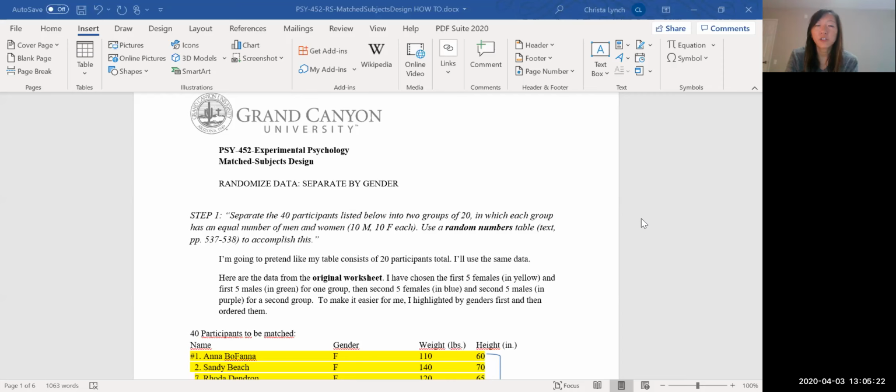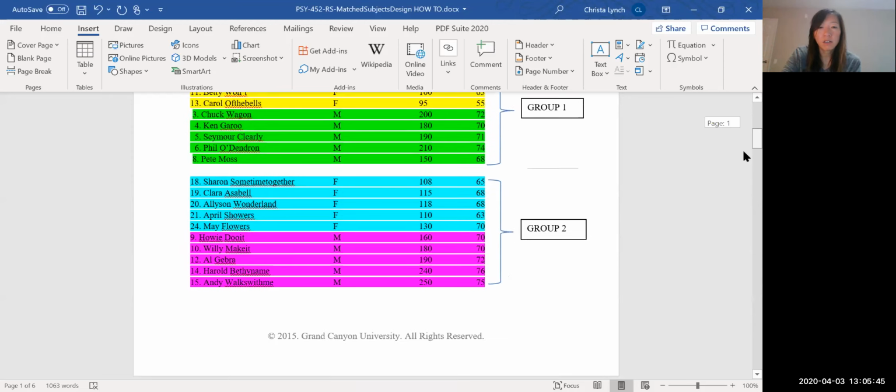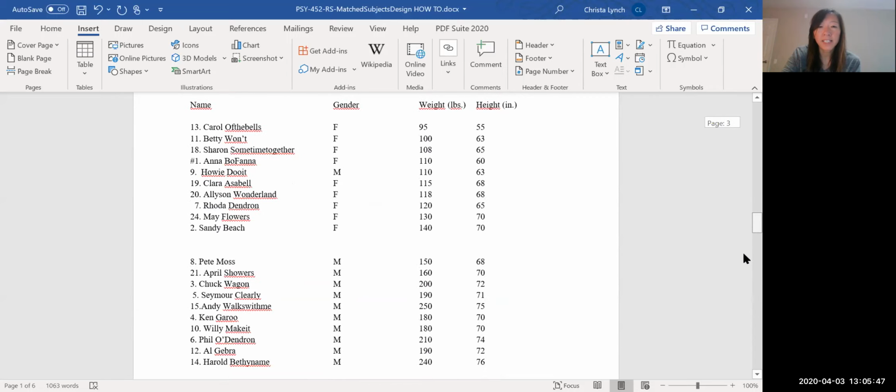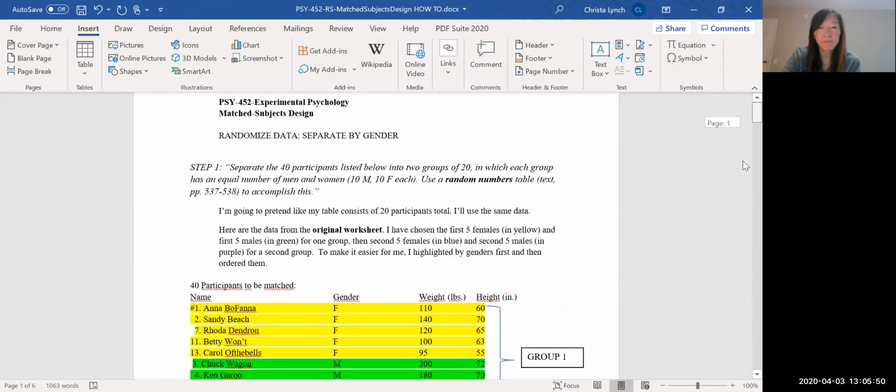So I took out some of the instructions, and I also took out half of the data that you need to match. In other words, they gave you, ignore the highlights at the moment, I'll explain all of that, but they gave you, hold on, oh sorry, I guess I don't have all 40.